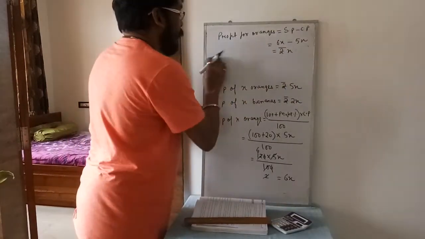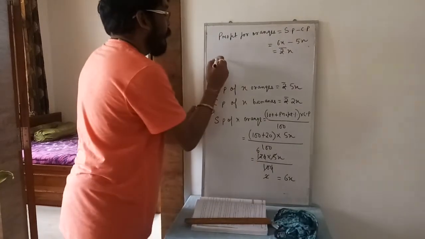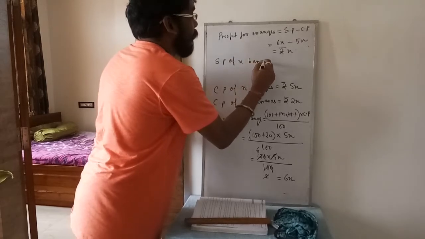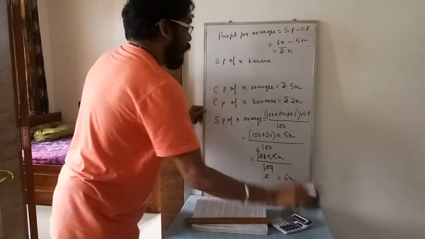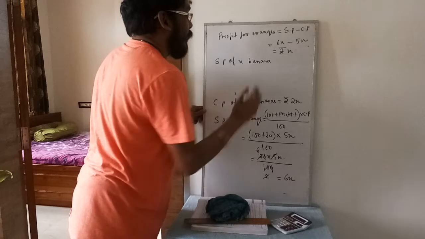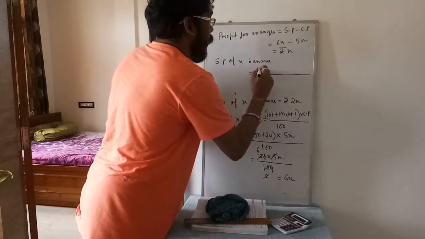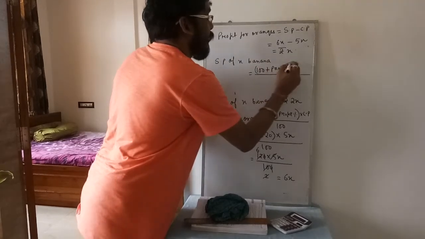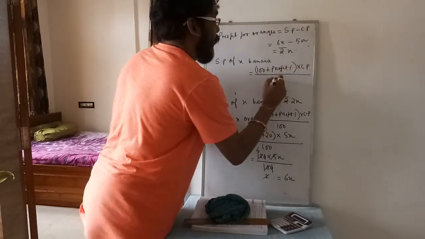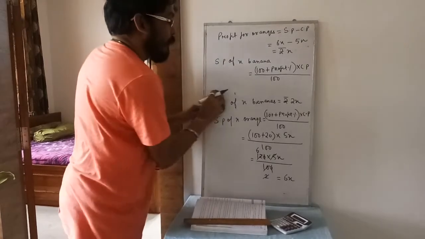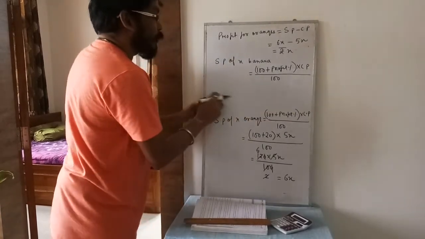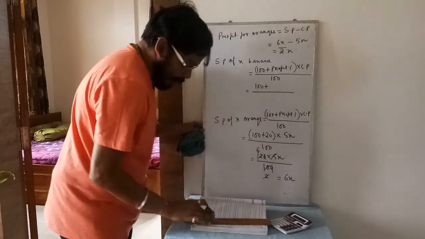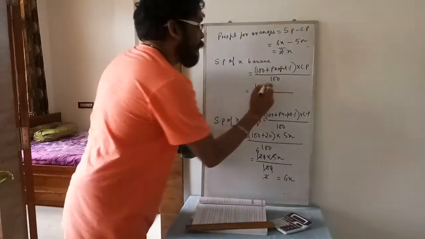Now I'll find out SP of x bananas. Same formula I will use: 100 plus profit percent into CP by 100. So banana CP is 2x, and banana profit is 15%.